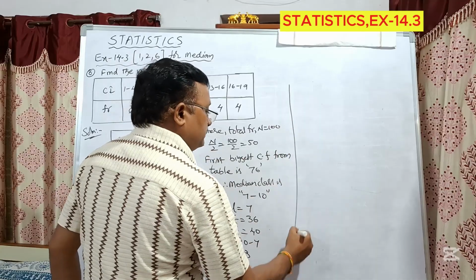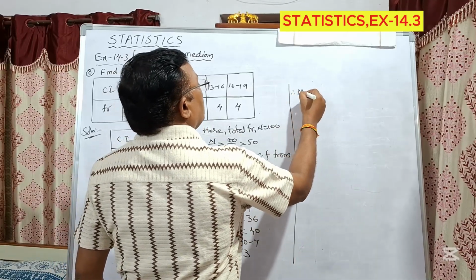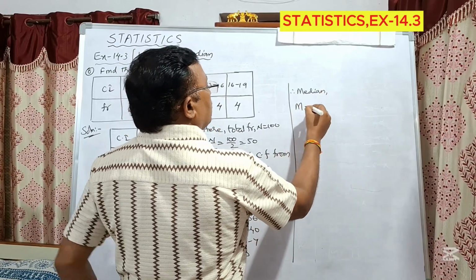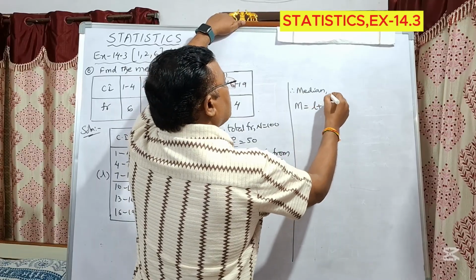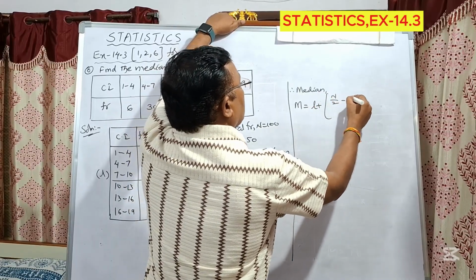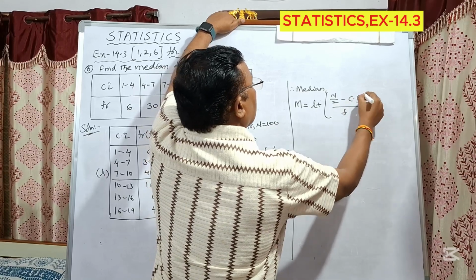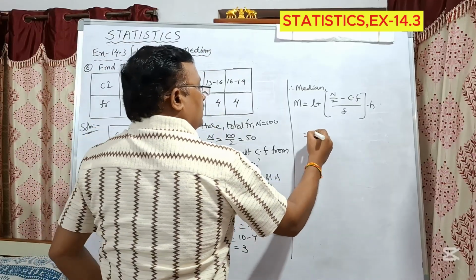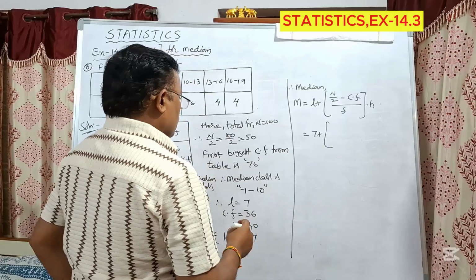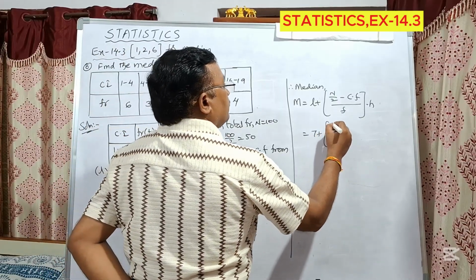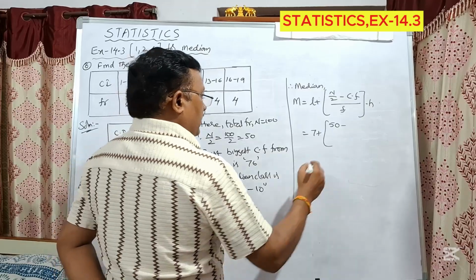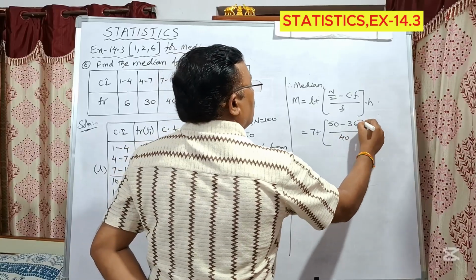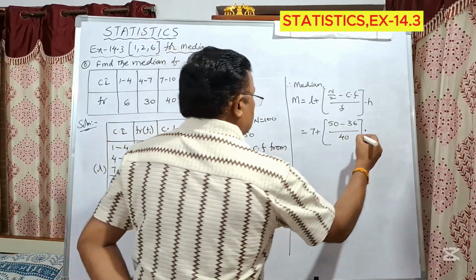So write the formula. Therefore, the median of the grouped frequency distribution table, M is equal to L plus (n by 2 minus CF) by f into h, which is equal to L value 7 plus n by 2 value, already it comes as 50, minus CF value 36, by small f value 40, into h value we got as 3.